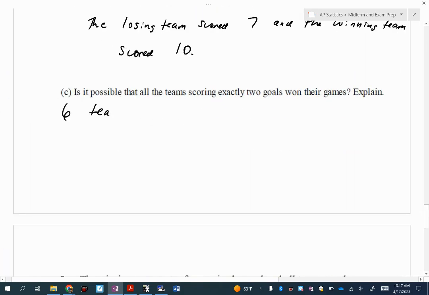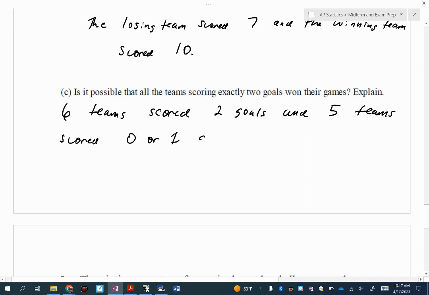6 teams scored 2 goals, and 5 teams scored 0 or 1 goal.